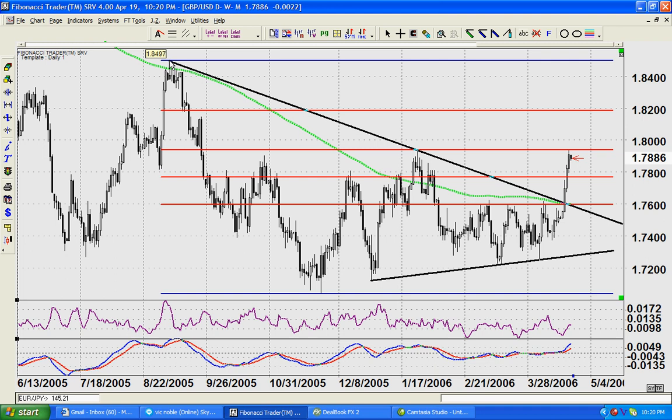From this high down to this low, price has swung back up 38, 50, 62%, and the 62% retracement aligns itself exactly on that previous significant high that is being eyed by certain participants in the market.